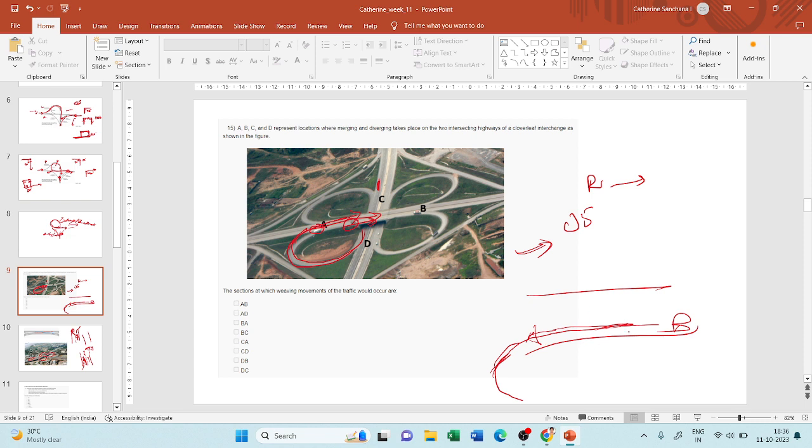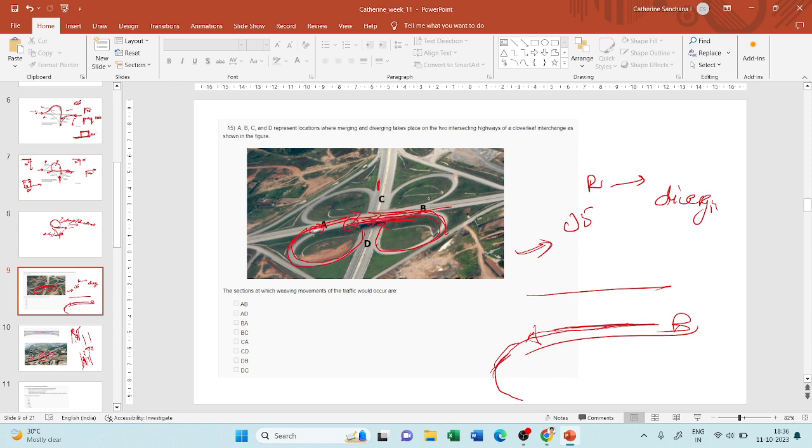Now let us say my vehicle is traveling on this lane, and it has to go to a road at a lower level. So it will come out of this road and enter the loop. It tries to leave this road and enter the loop, which means it is diverging. The vehicles are diverging at this place, right?